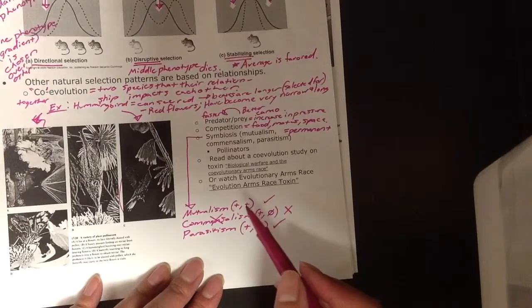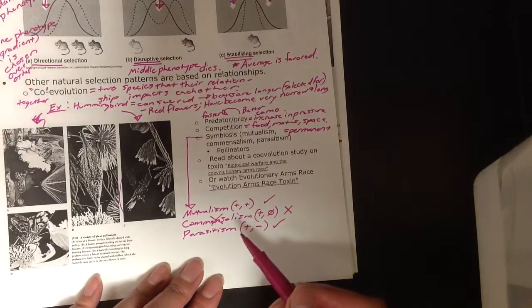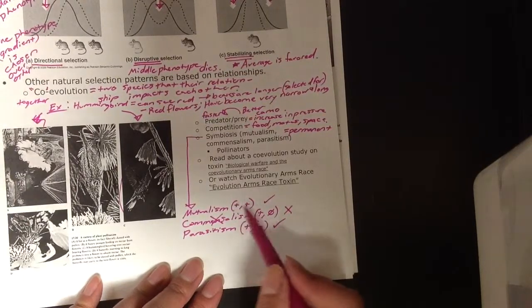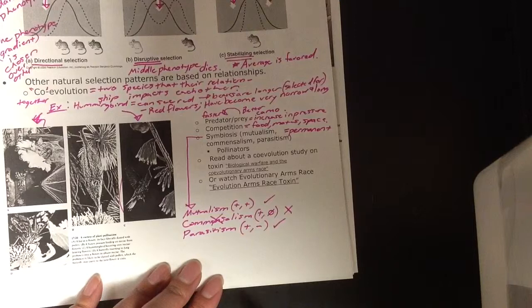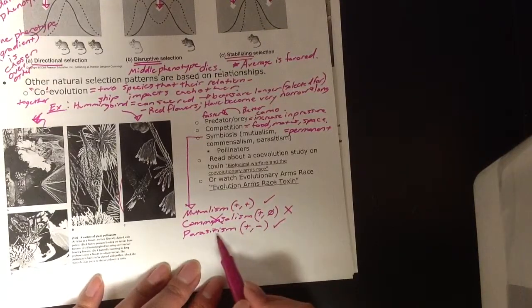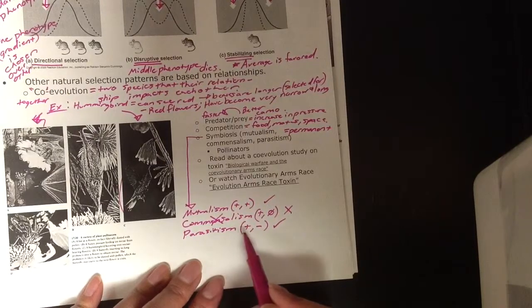Your zebra and your ostrich sometimes live side by side. This is beneficial to them. One can see better and one can hear better, and this helps them both move away from a predator. In a parasitic relationship, one is gaining food or nutrients usually, and the other is actually being adversely affected.